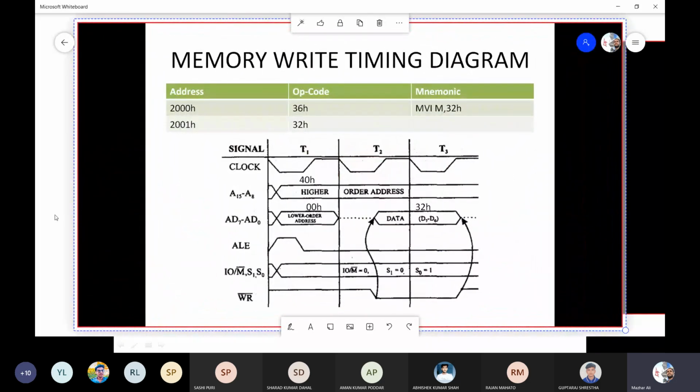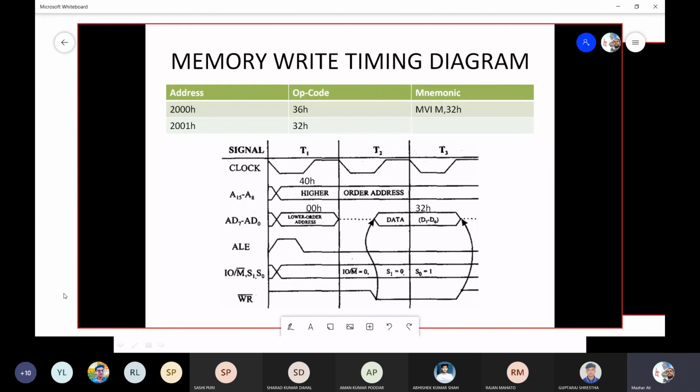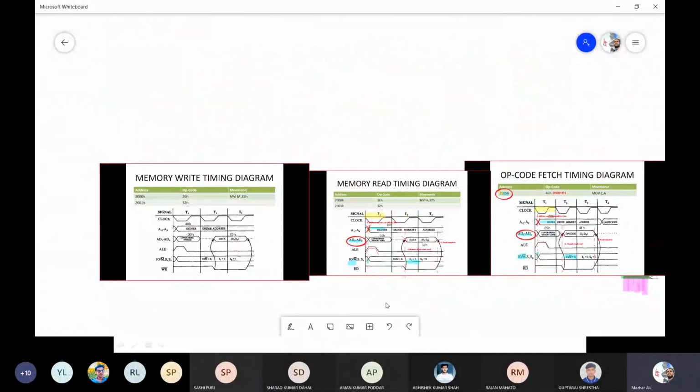Now this is our memory write timing diagram, and I should explain. I do not need to explain the clocks. There are 3 clock cycles, T1, T2, T3. I do not need to explain over there because it is also accessing the memory once again. So to make things faster, I will simply copy paste from there over here.